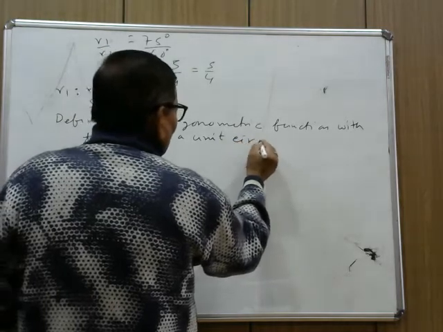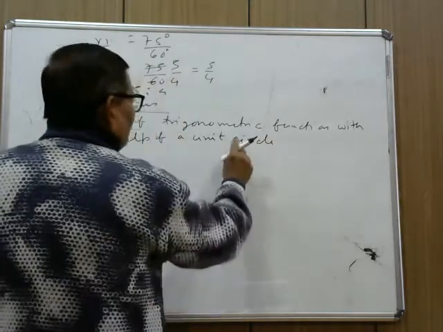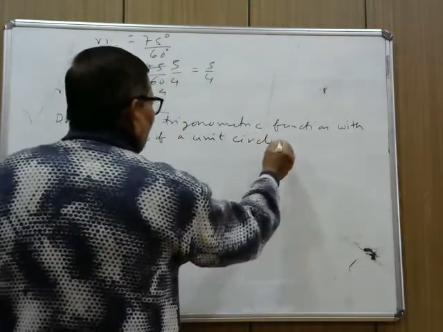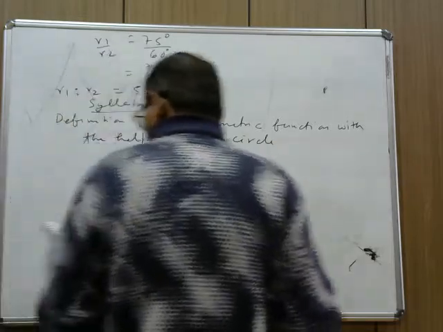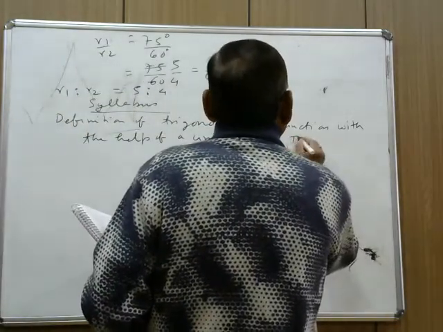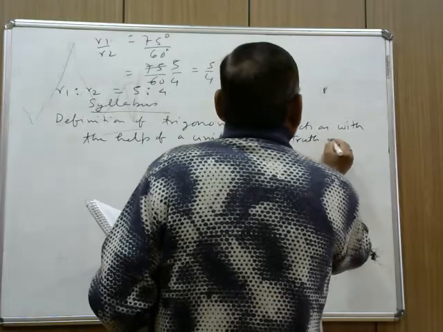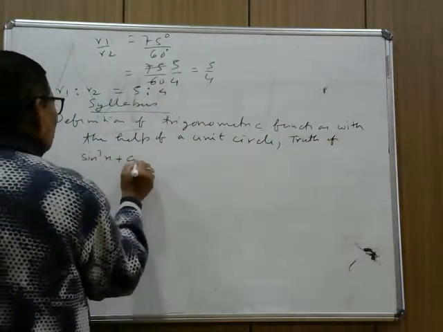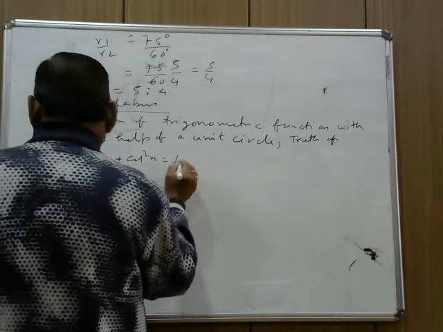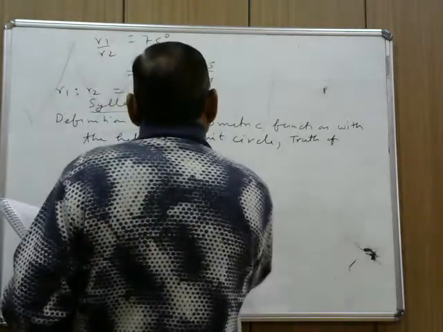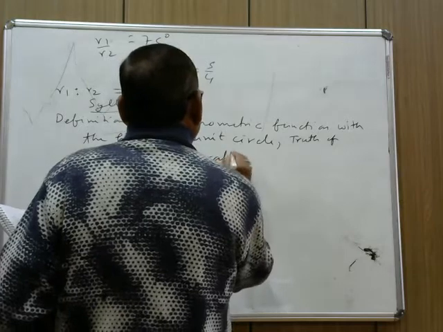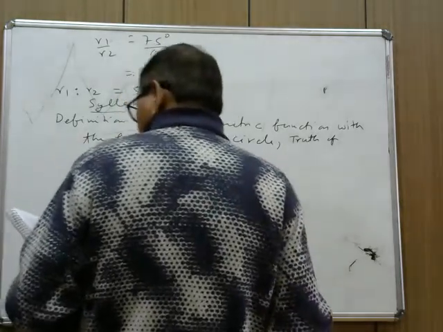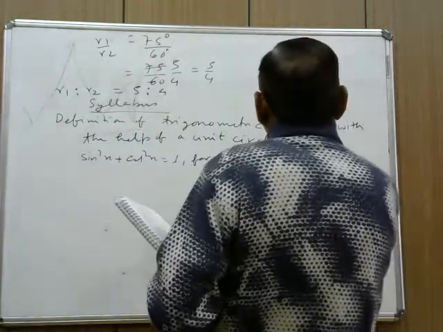Unit circle means a circle whose radius is 1 unit. Next is the truth of sin square x plus cos square x is equal to 1 for all x.